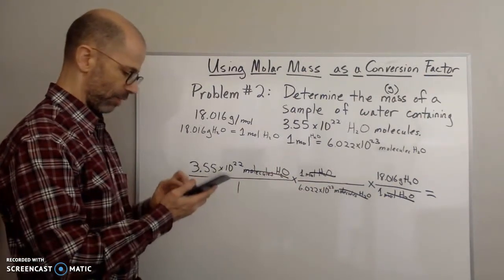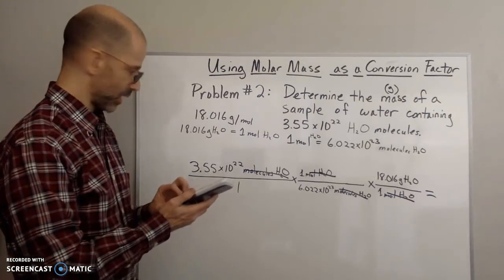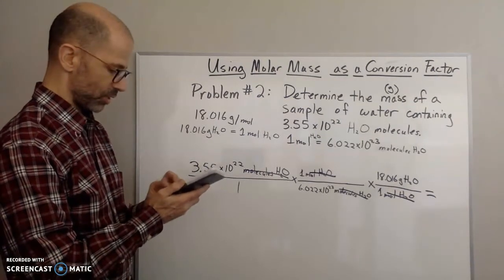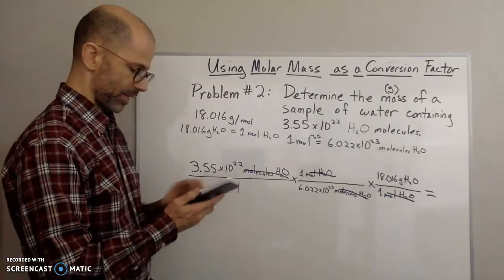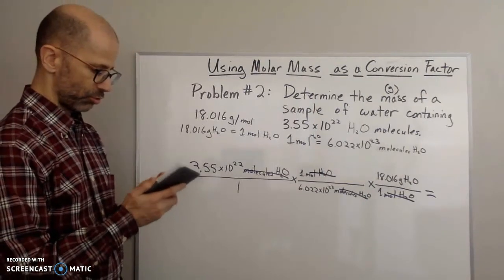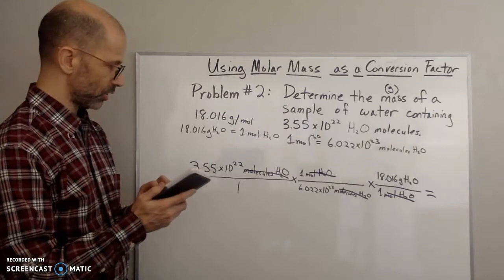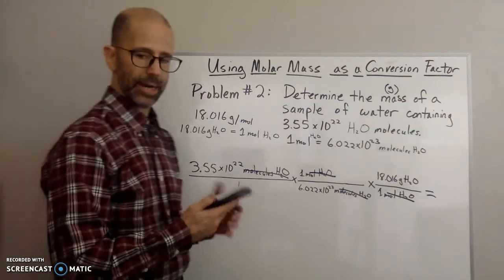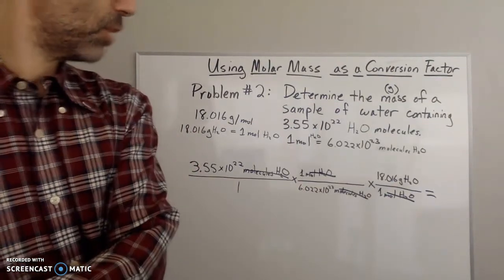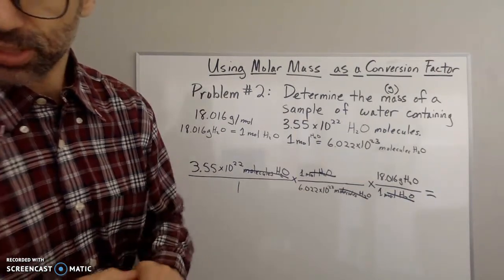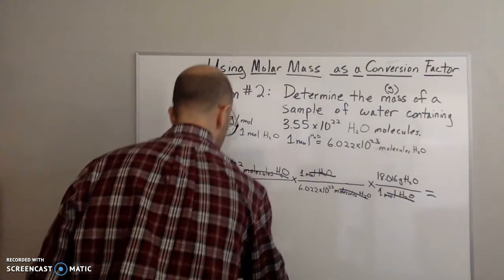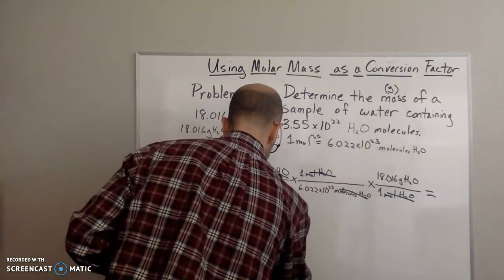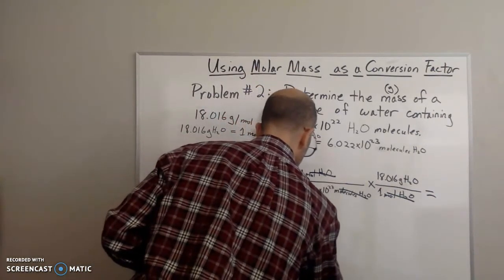So I have 3.55 times 10 to the 22nd multiplied by 18.016 divided by 6.022 times 10 to the 23rd, equals, and for the number of grams, I get 1.06205 grams of water.